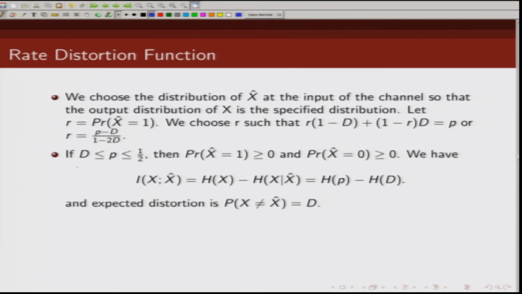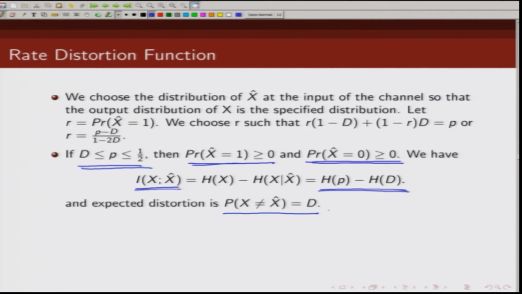Now, if d lies between p and half, then probability of x hat being 1 is greater than or equal to 0 and probability of x hat being 0 is greater than or equal to 0. In this case, the mutual information between x and x hat is equal to H of p minus H of d, where the expected distortion is d.